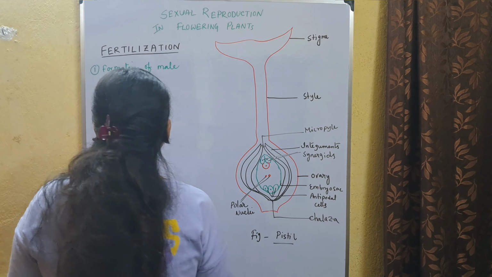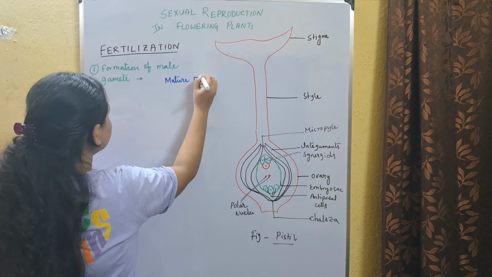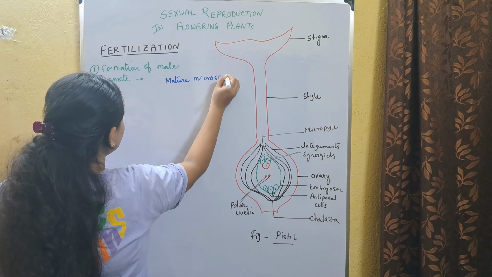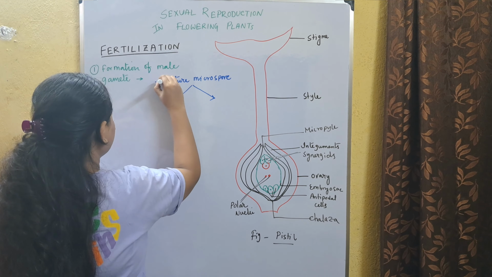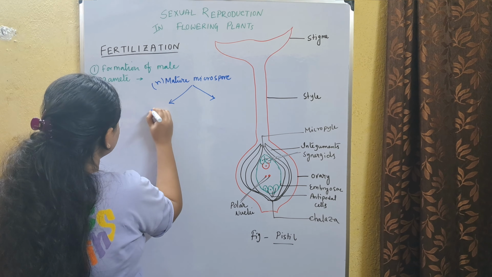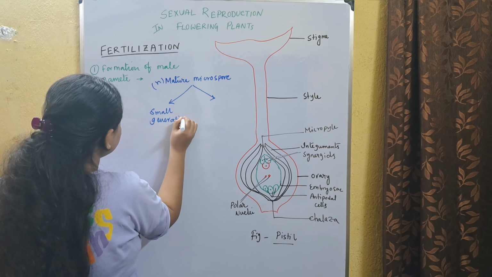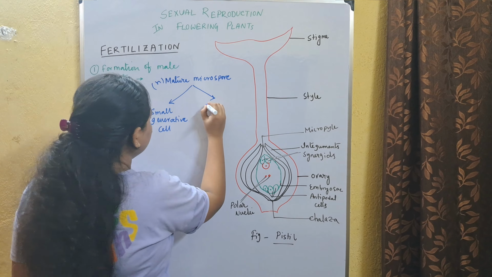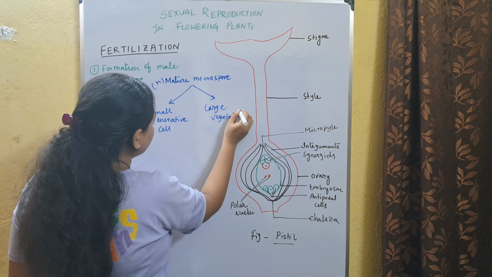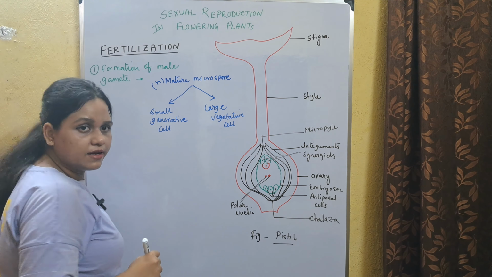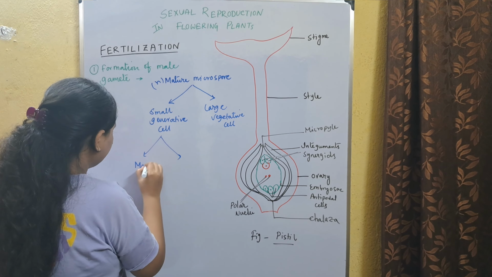This mature microspore grows through a mitotic division and forms, this is N, one small generative cell and another large vegetative cell. This generative cell again divides to form two male gametes.